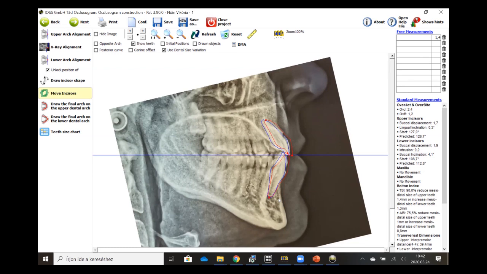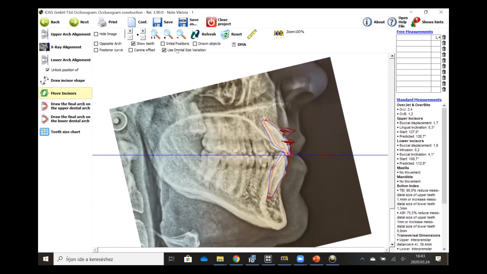But if you really want to do this, you cannot apply a force at bracket level. Theoretically, you should apply it maybe at this level. But if you cannot do it, at least bring it here with some extension.